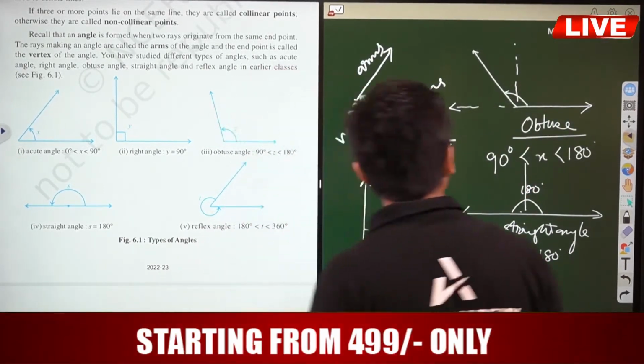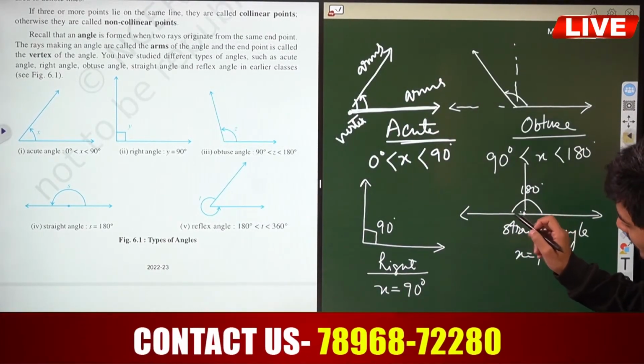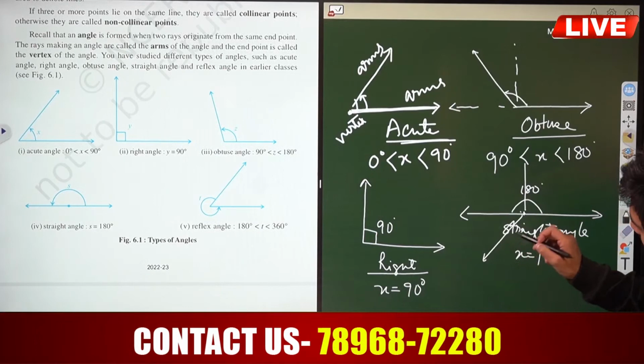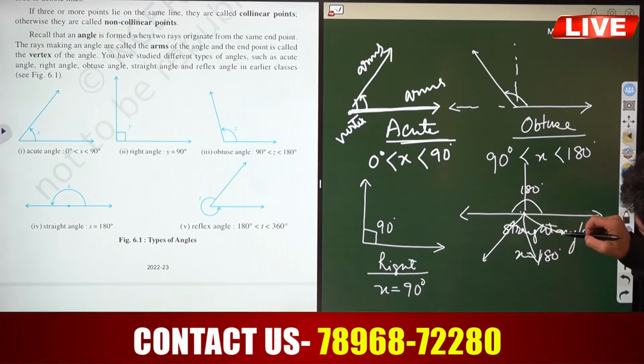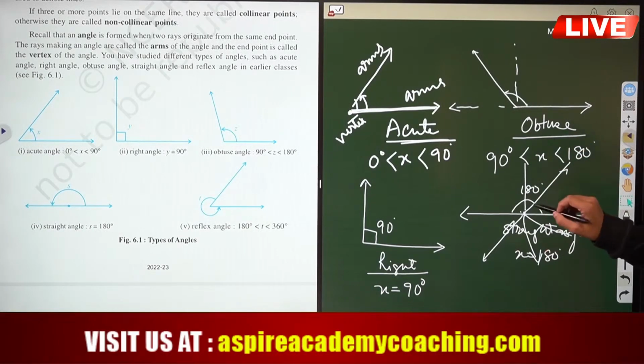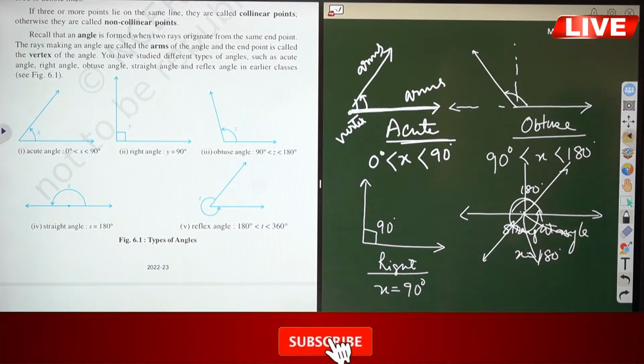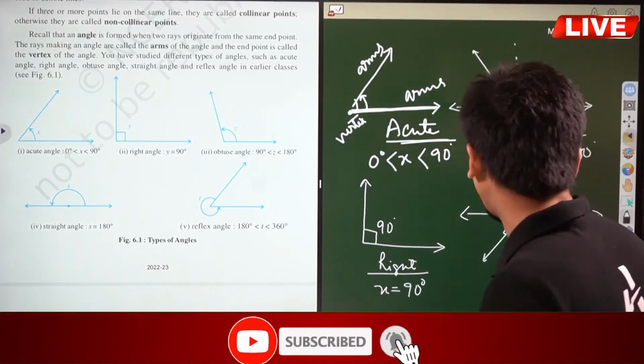But now see here, this line from this point can further go on like this, like this, like this, and like this, right? It can turn on from here to here, right? So what will I call this angle? I will call this angle a reflex angle.